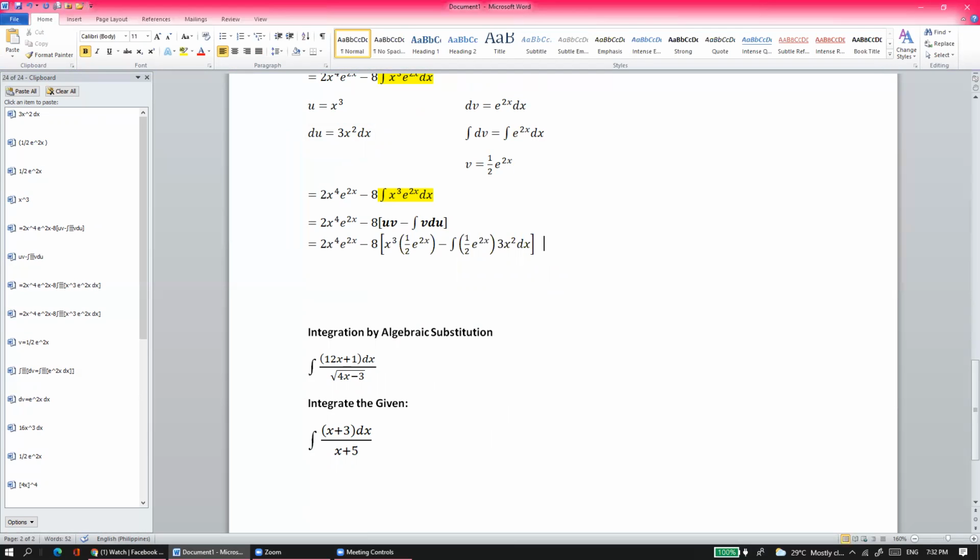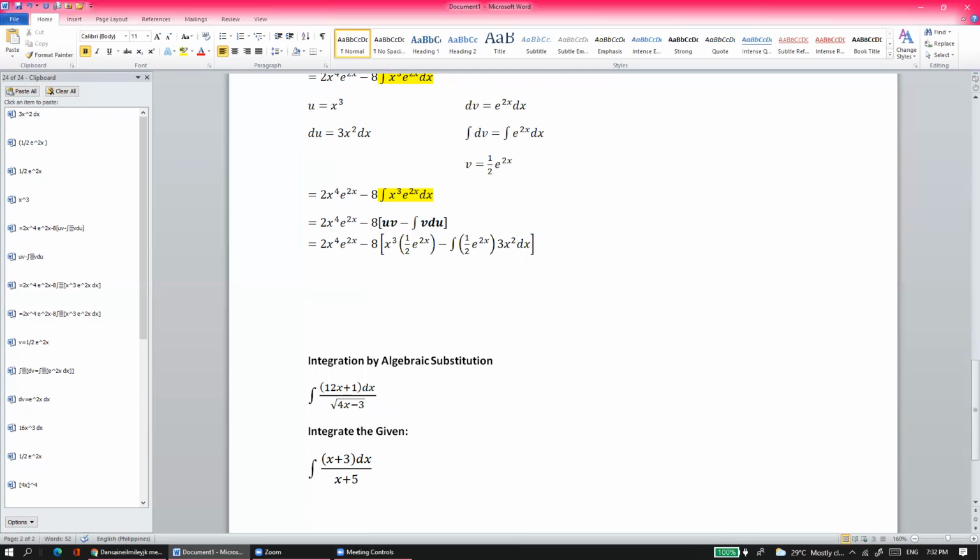Okay, verify natin. Double check. Baka may error tayo. Okay naman siya, di ba? Okay, so let's proceed. So, yung unang part, copy-paste ko lang ito for the continuation of the solution. And then for the second term, negative positive is negative. So, minus pa rin ang lalagay ko.